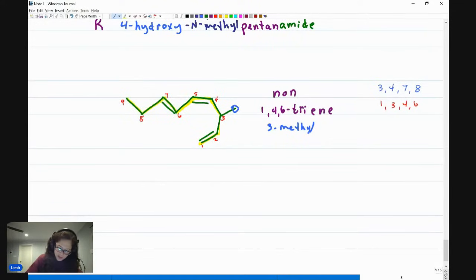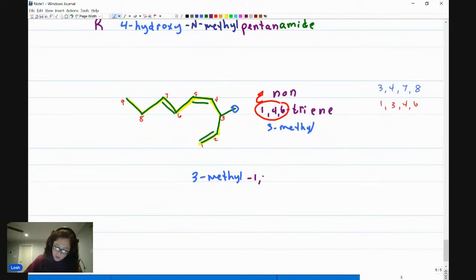All right, let's put the name together. We only have one substituent, that is 3 methyl. And then our first name is non, and our last name is triene. But in a situation like this, you pull the numbers out to the front, although I've seen professors do it both ways.